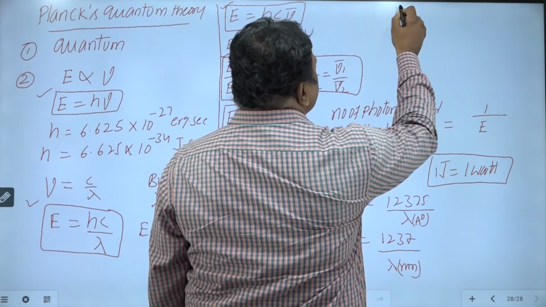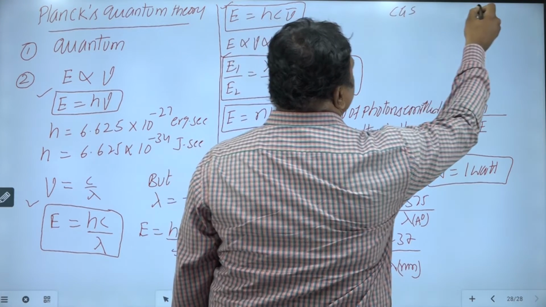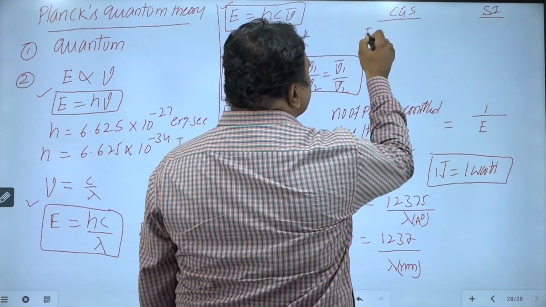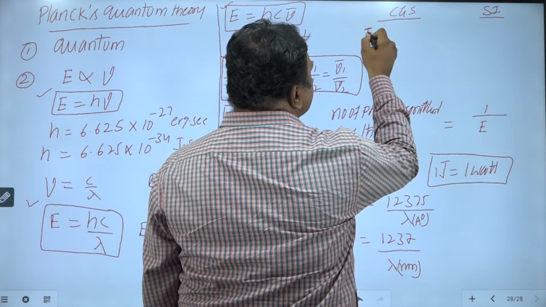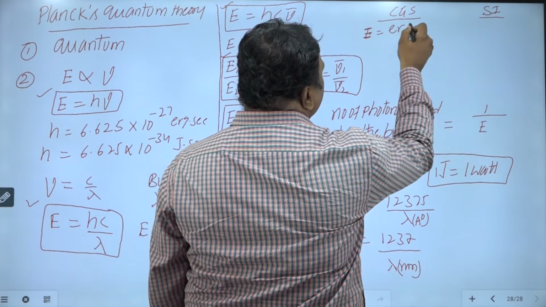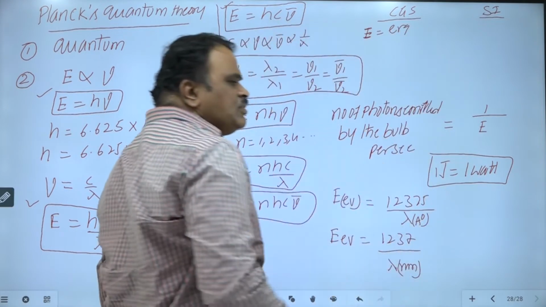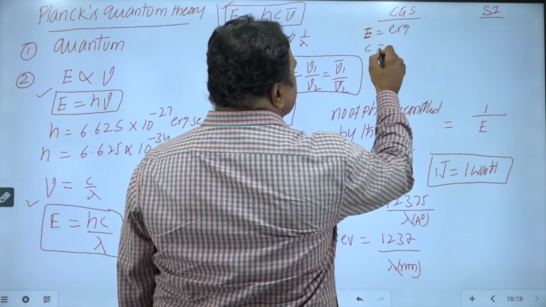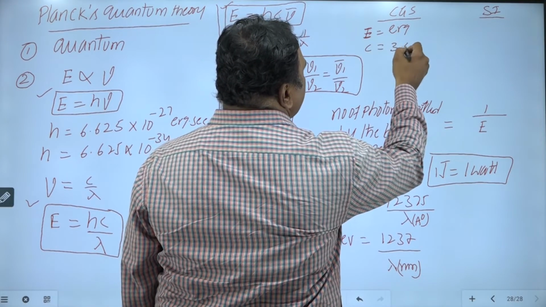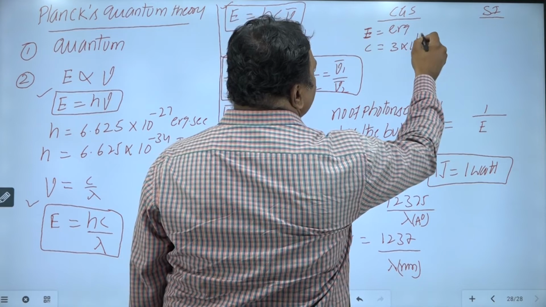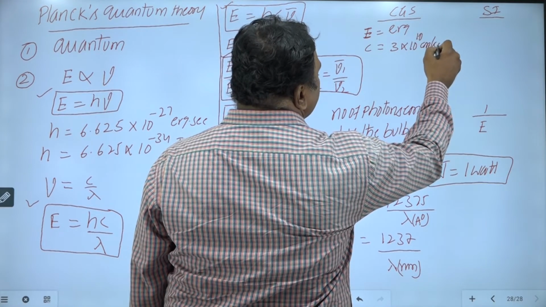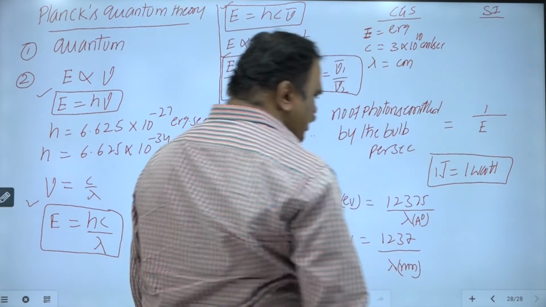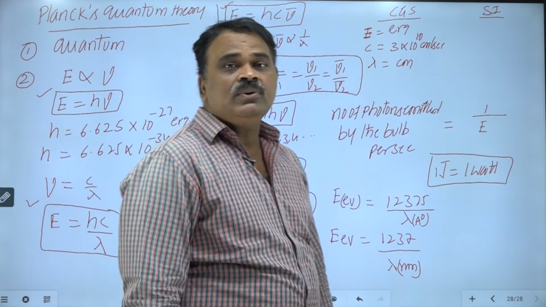We have generally one is the CGS system, the next one is the SI system. The units of energy are in erg. If we have to calculate energy in ergs, then c must be the velocity of light, c is equal to 3 into 10 power 10 centimeter per second. Wavelength must be converted into centimeters.